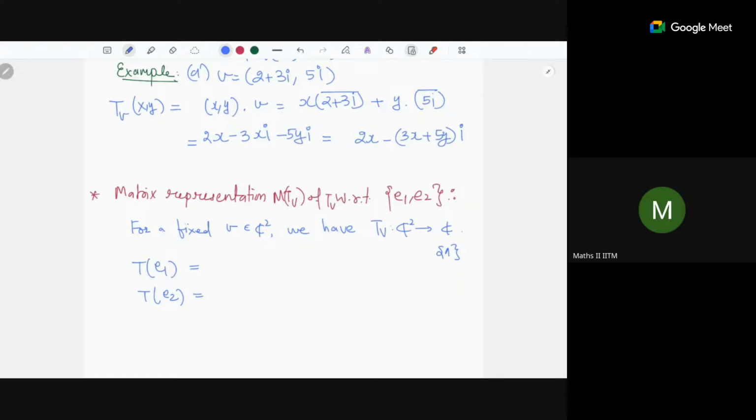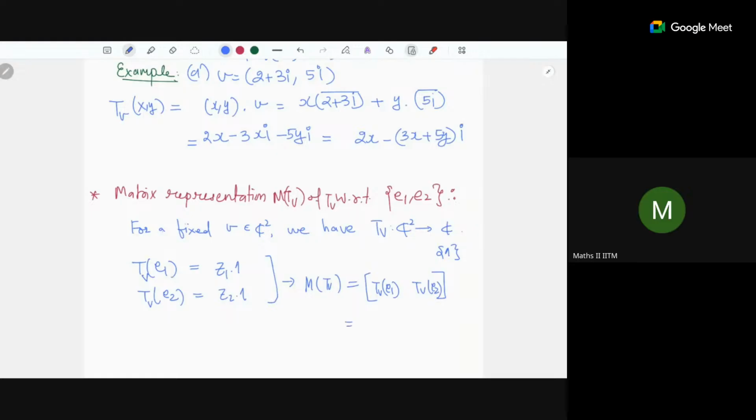So with respect to the basis of the codomain, any image is a coefficient z1 times 1, z2 times 1. So you can express T_v(e1) with respect to the basis of the codomain. And now with this, we can write down the matrix: T_v(e1) will be my first column, T_v(e2) will be my second column.